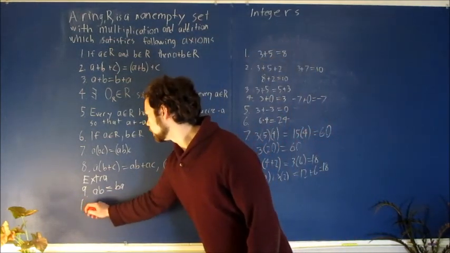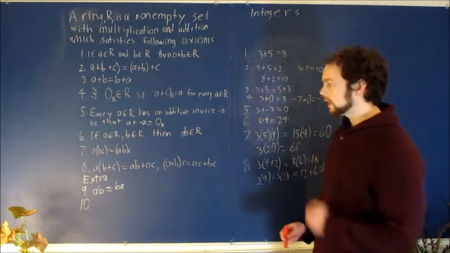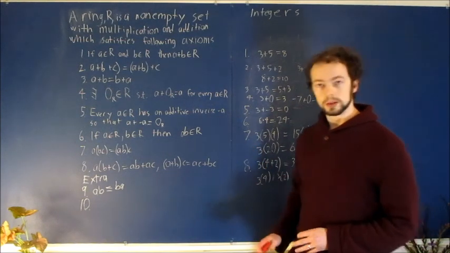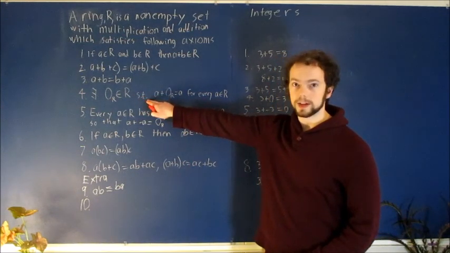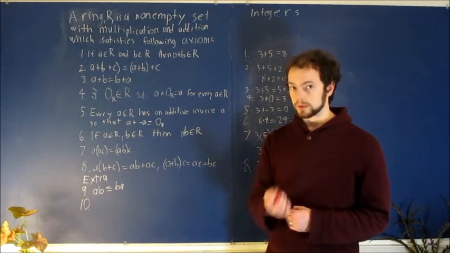Another important property, which the integers also have, is the idea of a multiplicative identity. We've already talked about the additive identity, but it's also possible for rings to have a multiplicative identity.